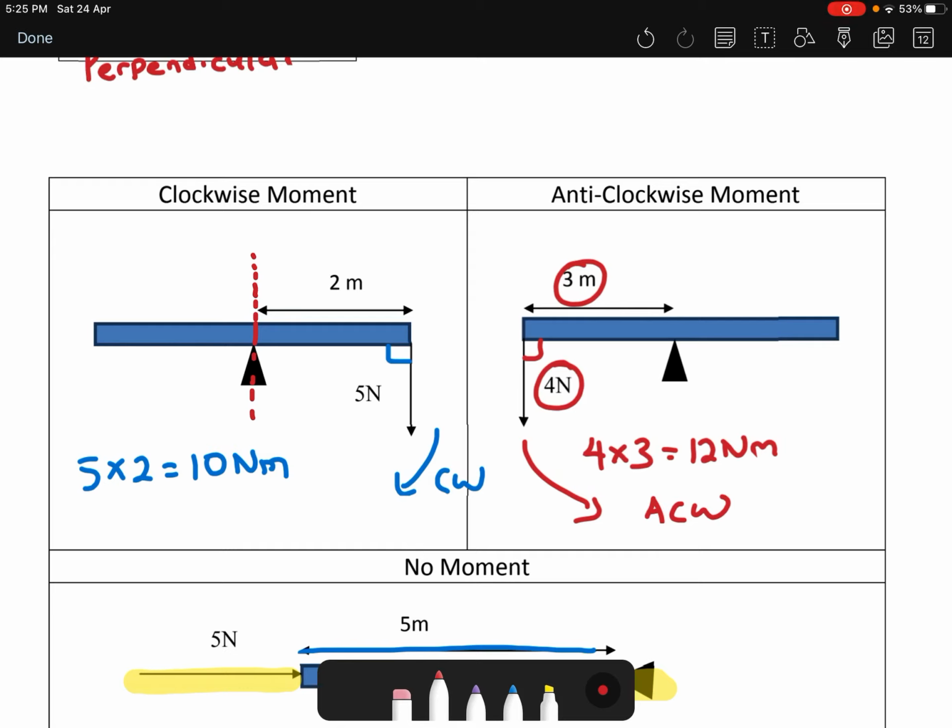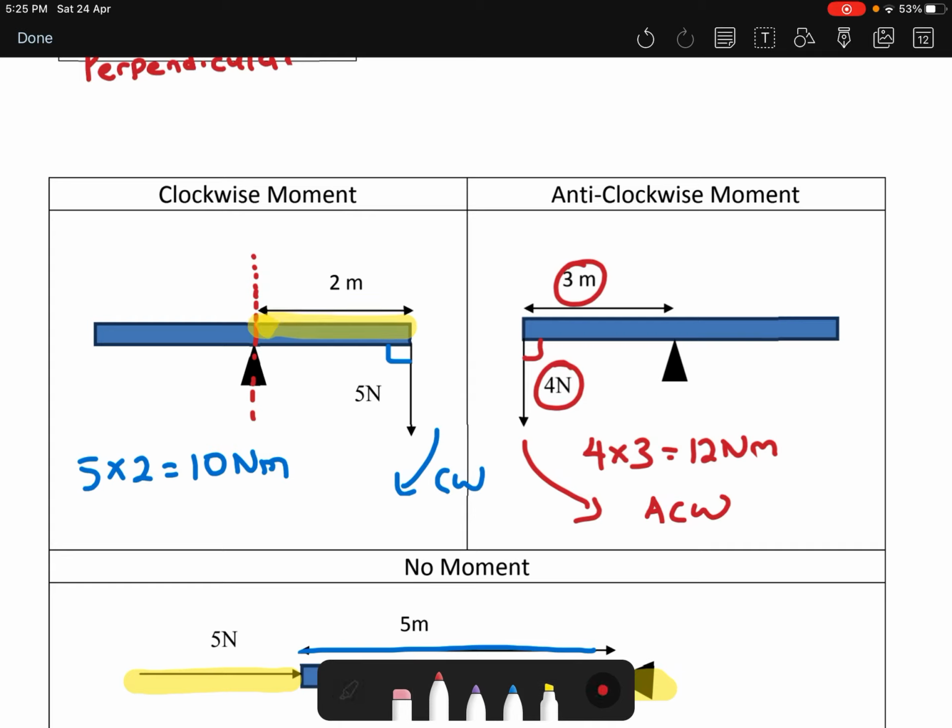So your force is downwards, so your perpendicular distance must be perpendicular to the downward force. So this is the perpendicular distance. When you reach this red dotted line, you must stop. You start from the force, you end at the red dotted line. So this will be 2 meter.